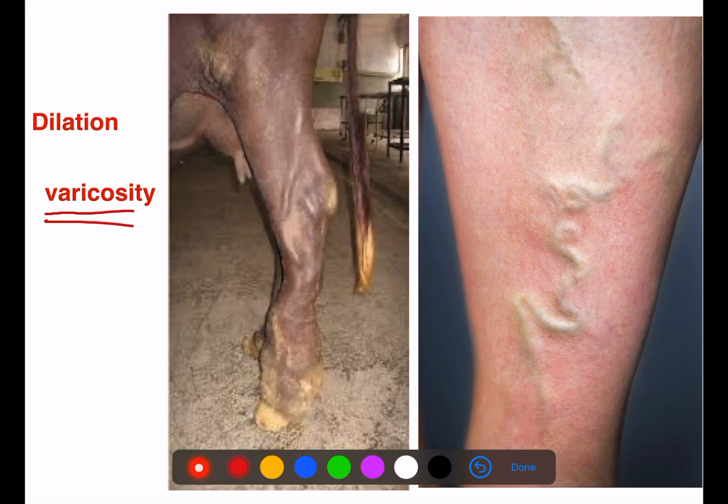The complication of this dilation and blood accumulation is thrombus formation and thrombophlebitis, or venous thrombus. Dangerous thromboemboli may form and travel to the brain causing stroke, or to the heart leading to myocardial infarction.